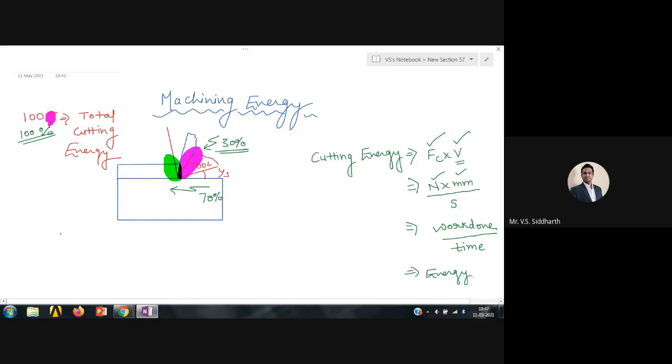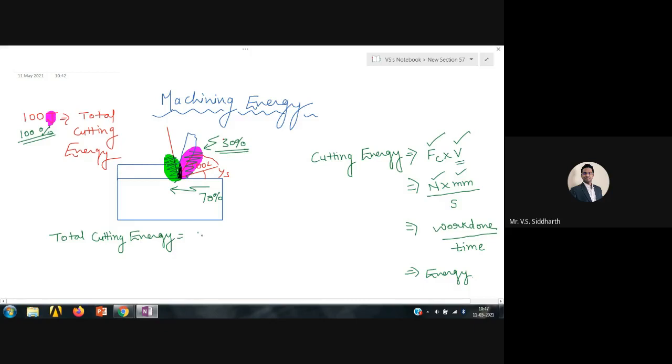So if I want to write the total cutting energy, it is equal to the energy utilized in shearing, the energy utilized in this green section, plus the energy utilized in this maroon section, right?